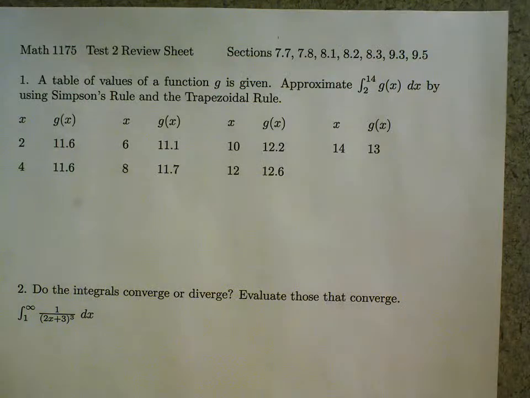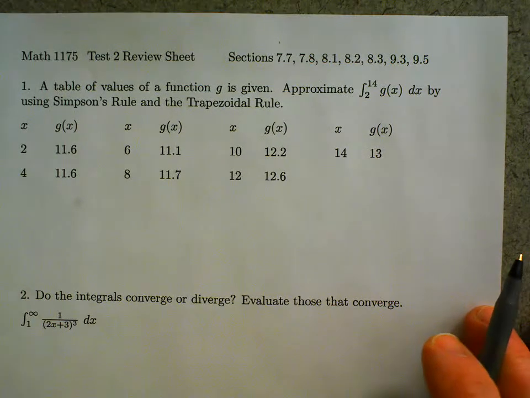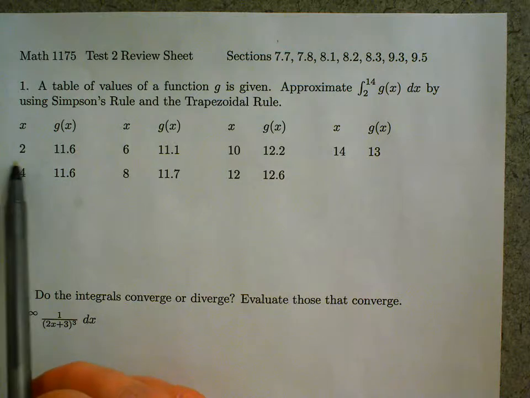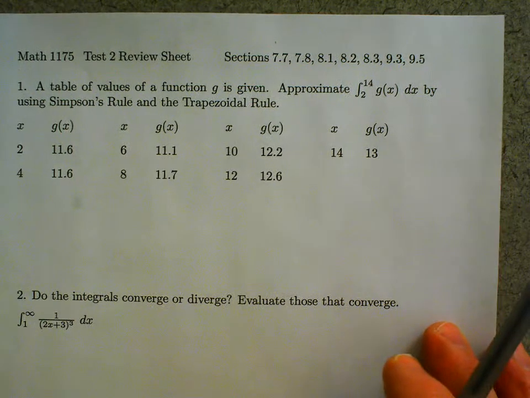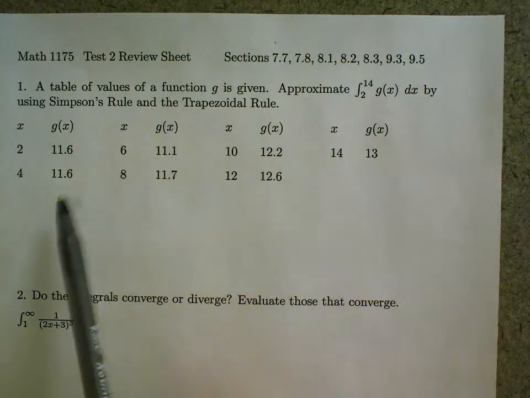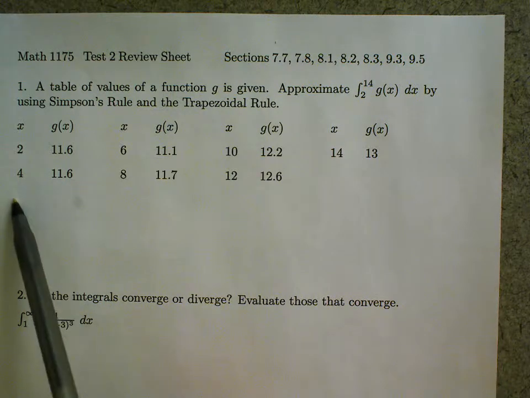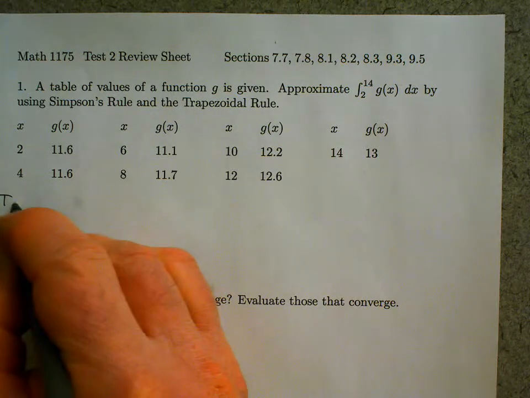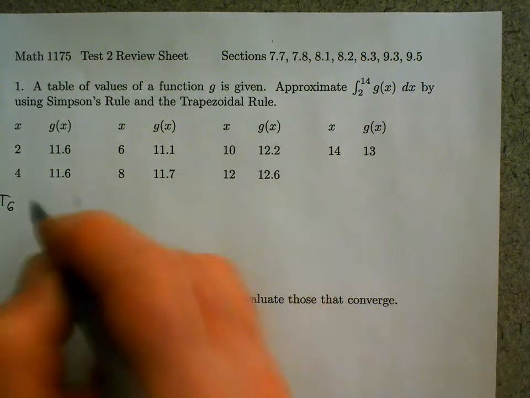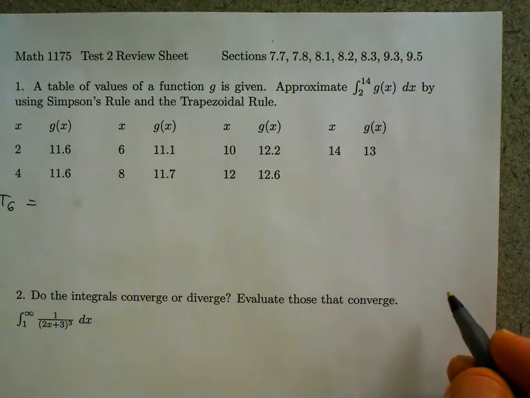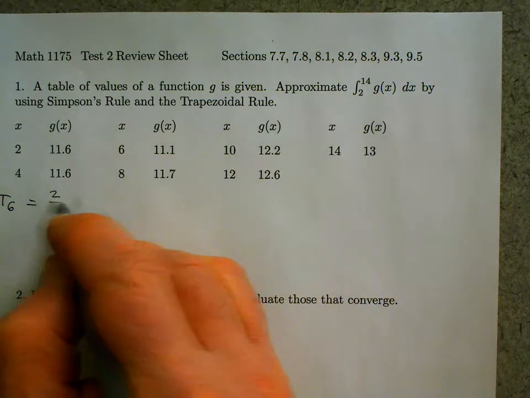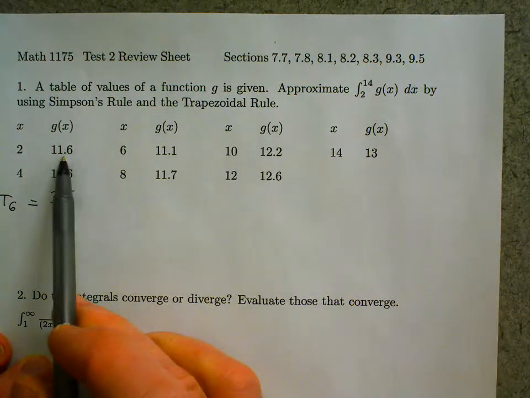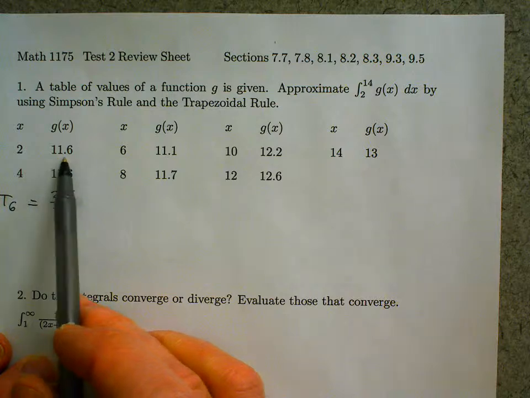Okay, so in our example, the value of delta x is 2. The length of each subinterval is 2, and there are 6 subintervals. So T sub 6: delta x is 2, so 2 over 2, and the first function value is 11.6.